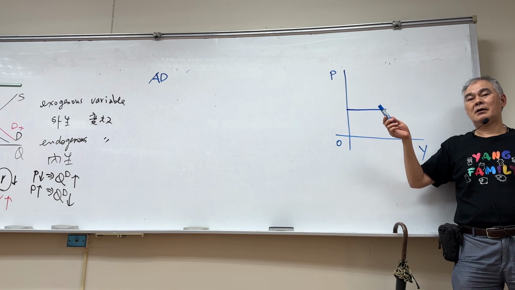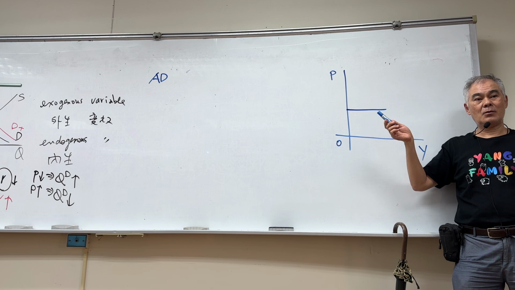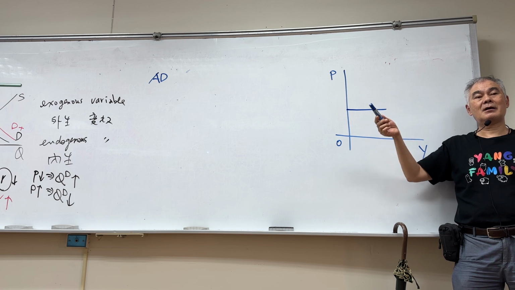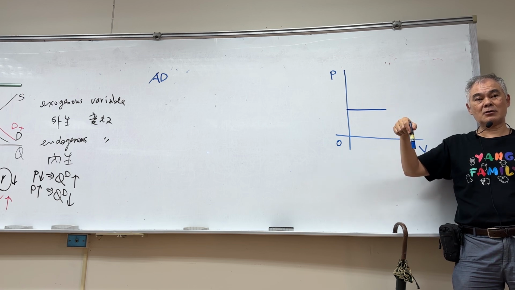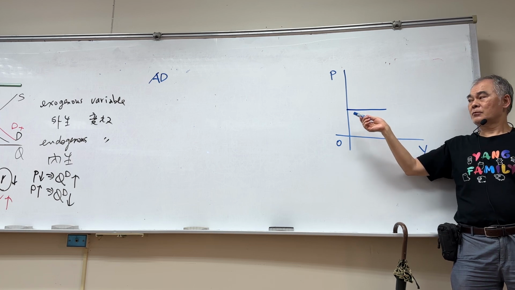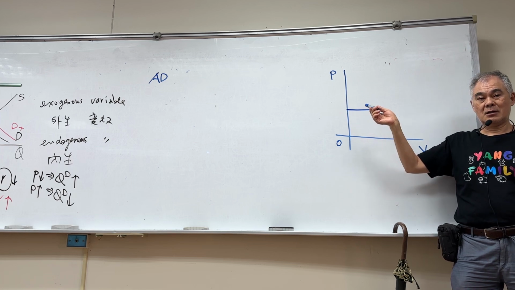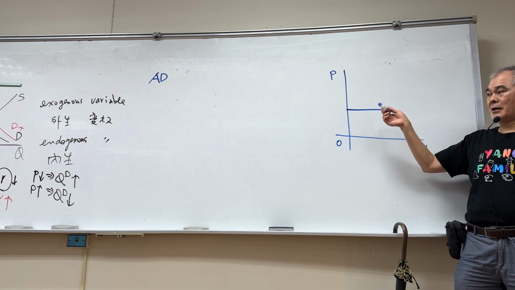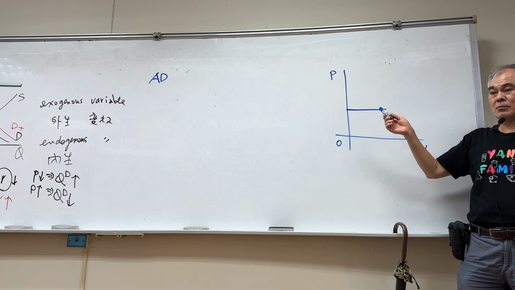John Maynard Keynes also said there is price rigidity: price goes up quite easily, but it doesn't go down as often as we would like. This reflects his idea about how the economy works.